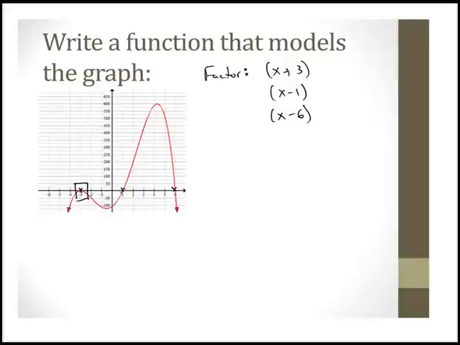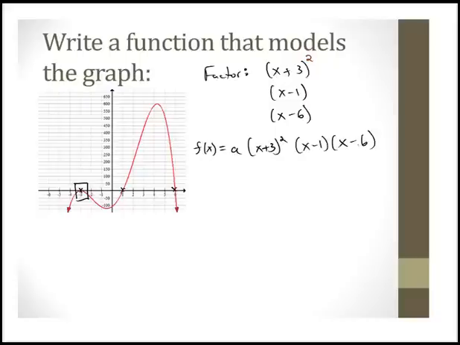So let's just assume that it's multiplicity 2. It doesn't appear to flatten out too much, so I'm going to go with multiplicity 2. That means I have an (x plus 3) squared. So I can write a function of the form a times (x plus 3) squared times (x minus 1) times (x minus 6).